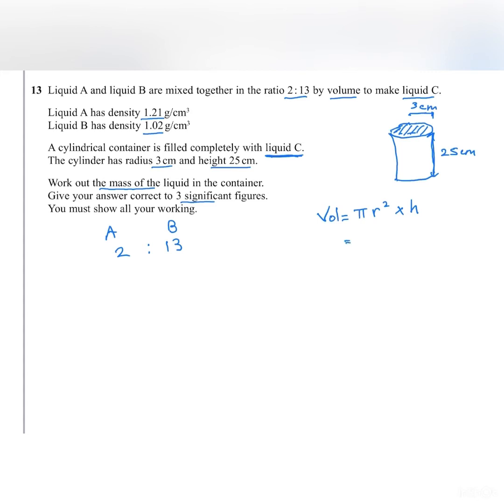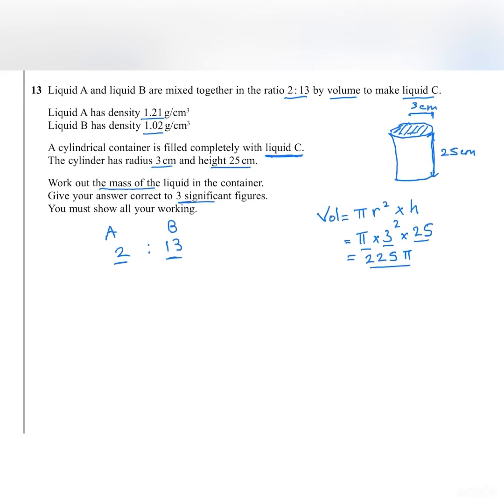So the volume would be pi times 3 squared times 25. And I'm just going to leave this in terms of pi because we want the most accurate answer in the end, so we can round to 3 significant figures. So 3 times 3 is 9, 9 times 25, and times pi is 225 pi.